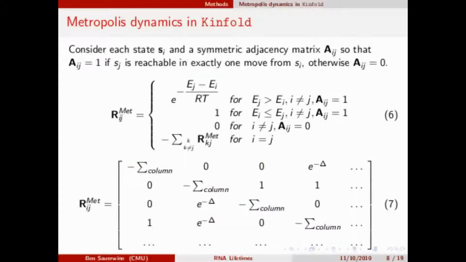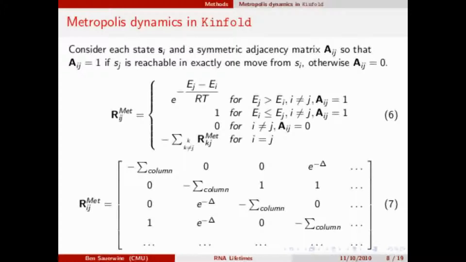Since I'm doing kinetic Monte Carlo, you've probably already figured out where I'm going with this. Now that I've got an adjacency matrix, I need to know my rate to go to each one of my adjacent states. For the purposes of this talk, I'll choose the Metropolis dynamics. And this is familiar to many physicists and many simulators.